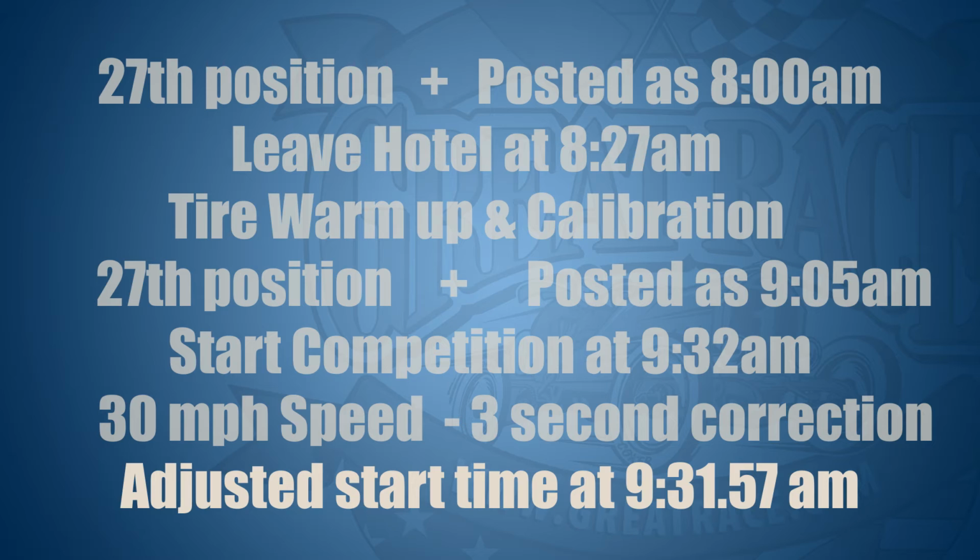What will happen is the car in front of you will have left a minute before you. As soon as they leave, you pull up to that start sign with the clock running, telling the driver, when I do a countdown, you're going to go to 30 miles an hour. And you're watching your clock, and as it's 9:31 and 30 seconds, you tell the driver, all right, we're going to be going in about 25 seconds.